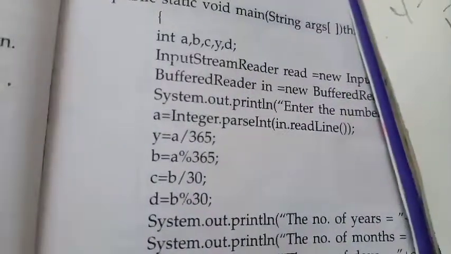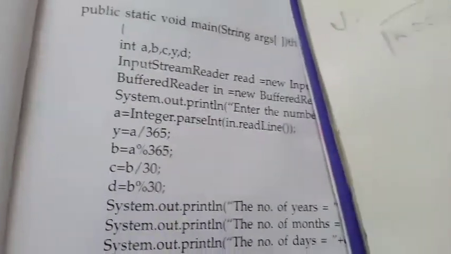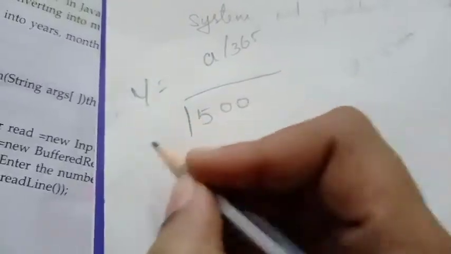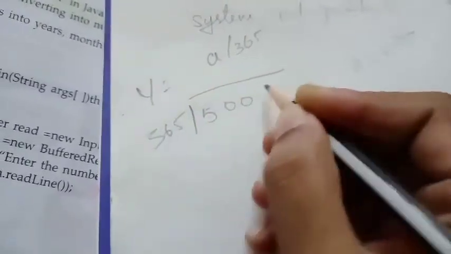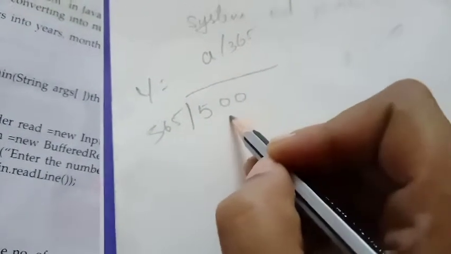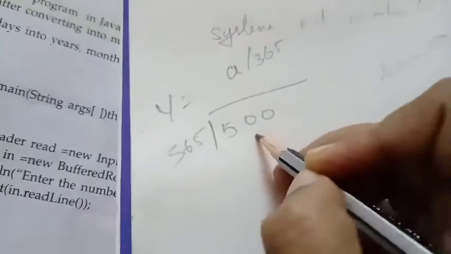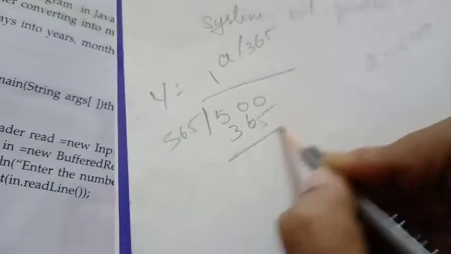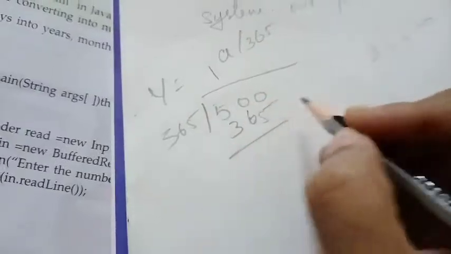What they have given is y is equal to a divided by 365. So in a you have 500, and 500 divided by 365 is to find how many years are present in these days. This gives you only 1, so you will be getting some remainder, right?